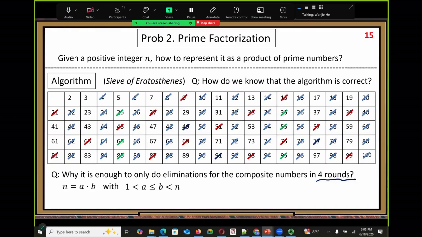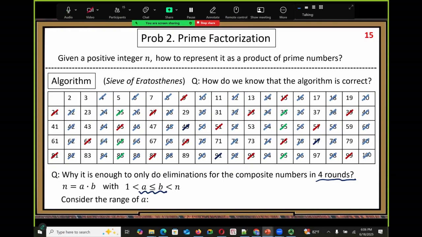Let's look at this decomposition form, N equals A times B. Let us consider the range for A. A is the smaller factor in the AB decomposition. We have two factors, A and B, and we assume A is the smaller factor and B is the larger factor, but they could be the same.